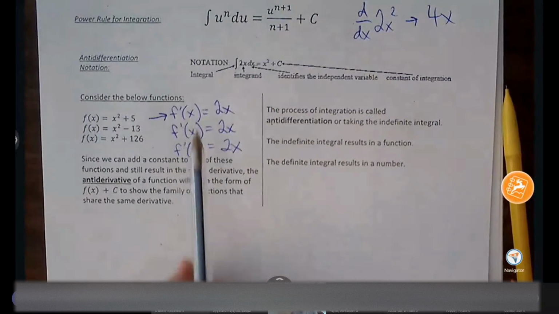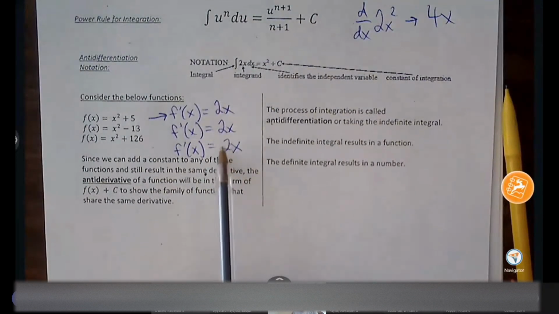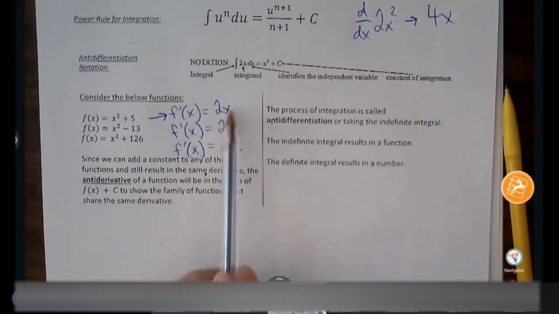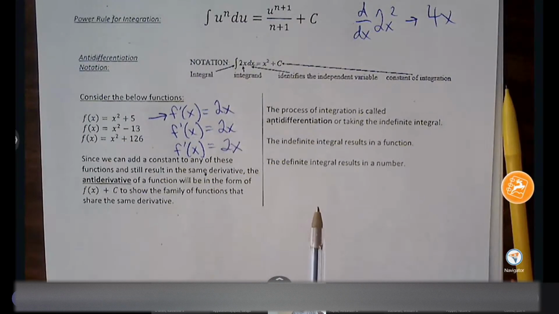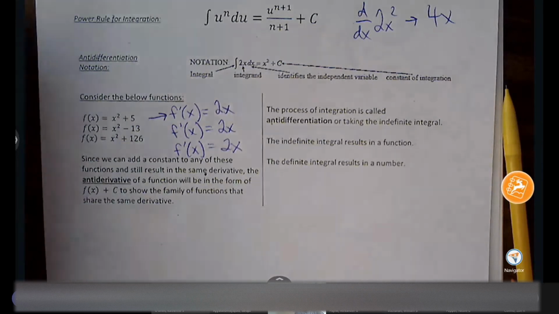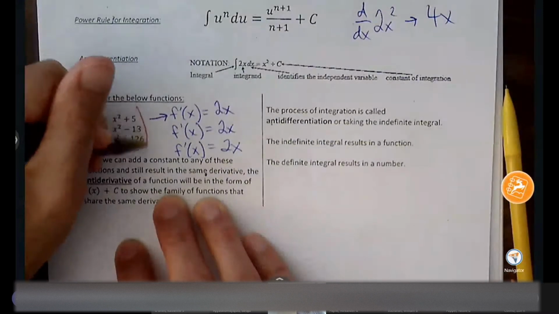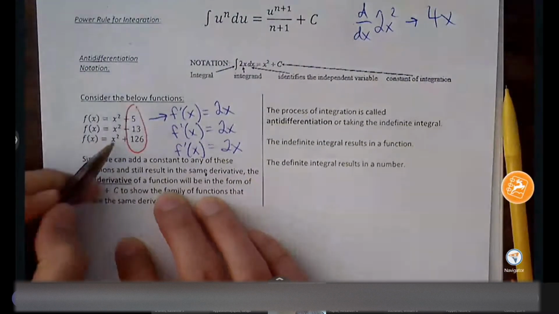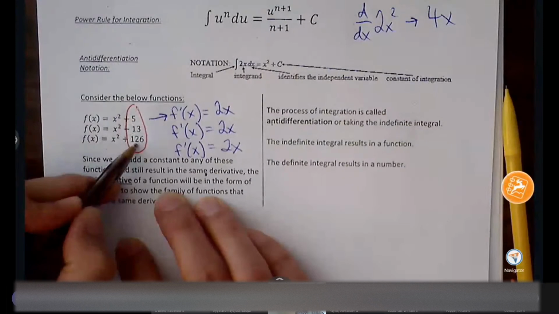Okay, so let me ask you this. How many functions will share a derivative of 2x? What do you guys think? Infinite. Right. Basically, as long as it falls under the family of x squared, the constant can be any value.